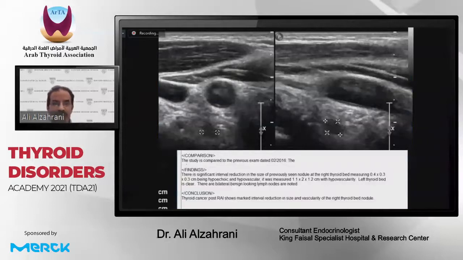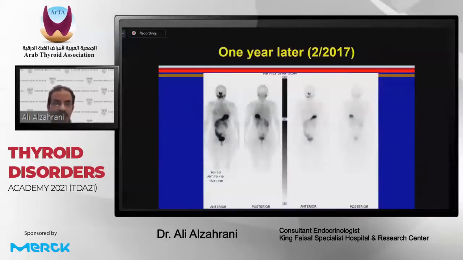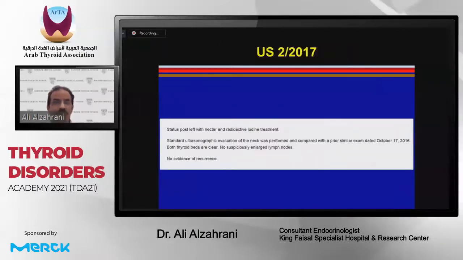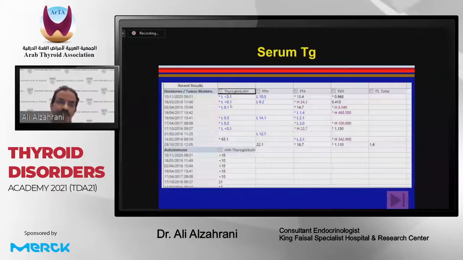And this is her follow-up scan after 1 year, and it's completely disappeared. That hot nodule or hot focus disappeared completely. Ultrasound after another year, nothing there, completely negative. And you can see that over the last 4 or 5 years, she maintained excellent response with undetectable thyroglobulin, undetectable thyroglobulin antibody and good thyroid function test.